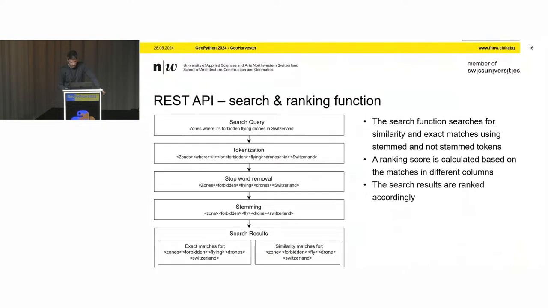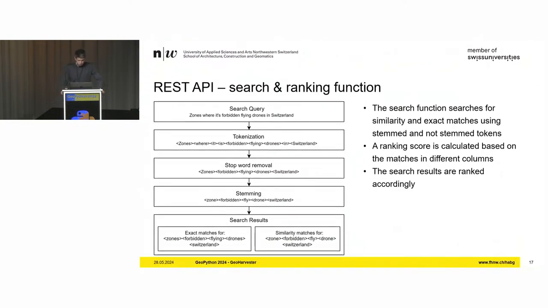About the search and ranking function, the search function exploits once more natural language processing. We first use tokenization, stop word removal, then stemming, and then we implemented these ranking functions, a very simple implementation. We will for sure improve it, but it searches for stemmed and not stemmed words.